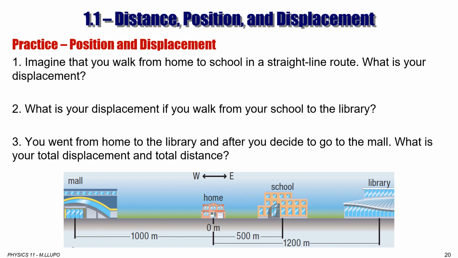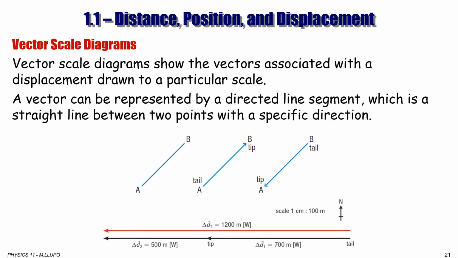What is your total displacement and the total distance? I hope you understand how to calculate distance and displacement, and the difference between one and the other. By practicing, you should be able to understand the concept and continue with the next step in physics.